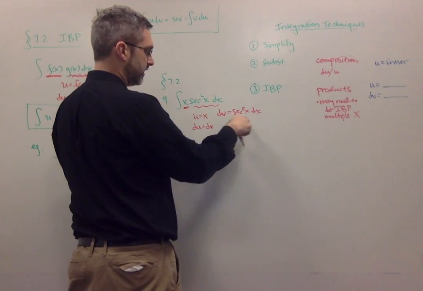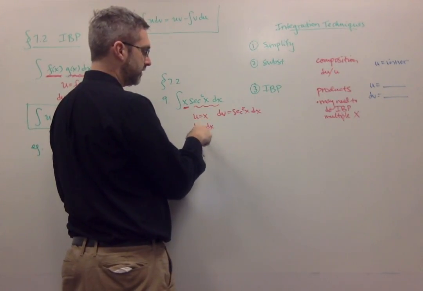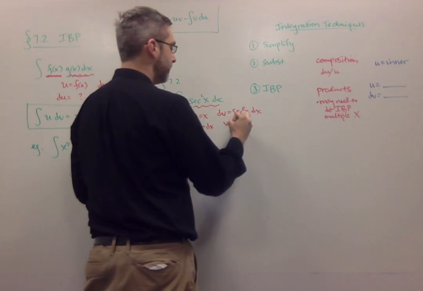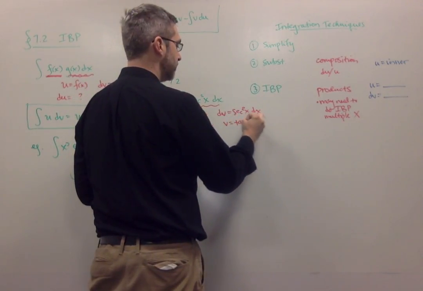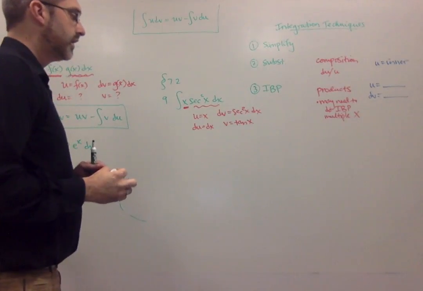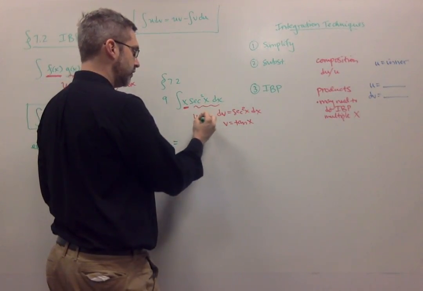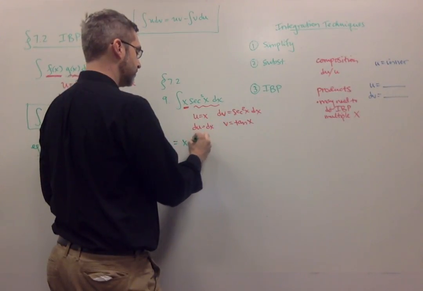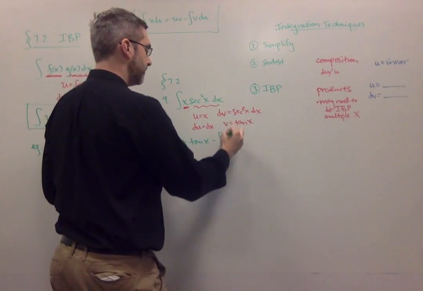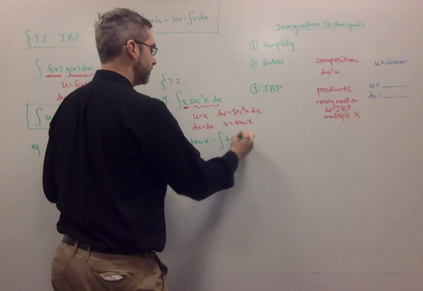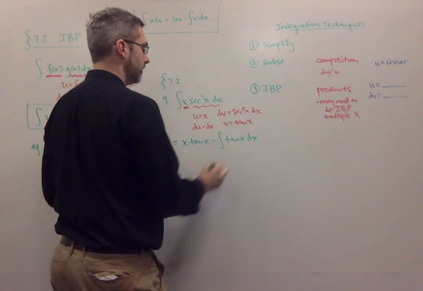This is all that you actually need to write. But thinking through that choice, du would be dx. V would actually be tangent. And notice that this would actually equal u times v, x times tangent, minus the integral of v tangent du.